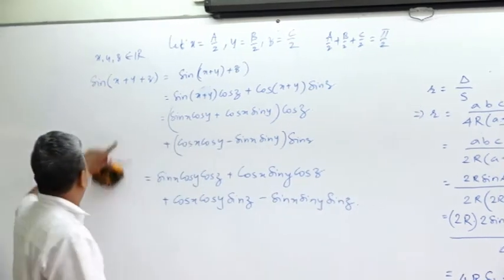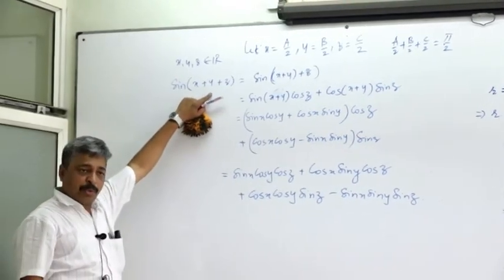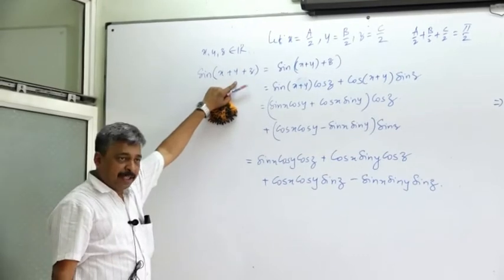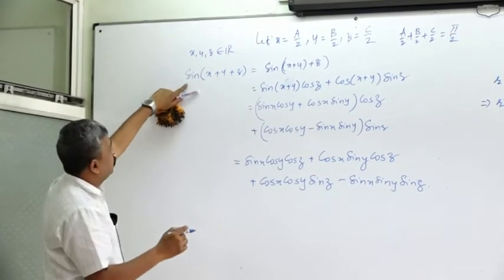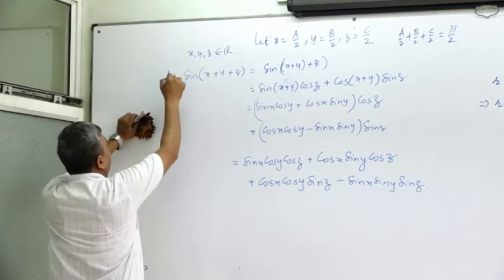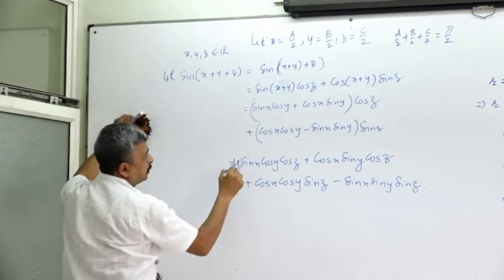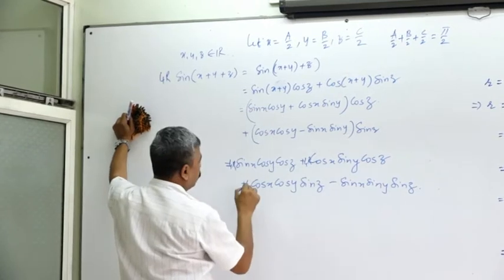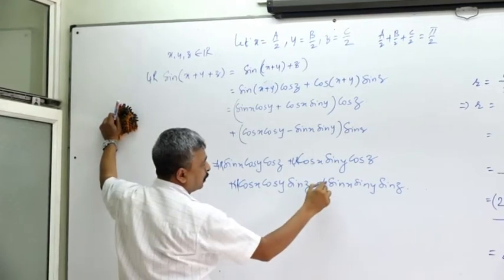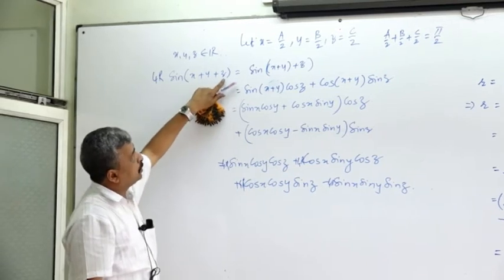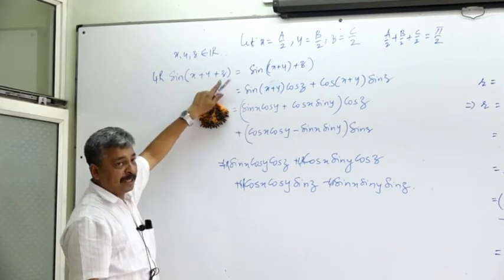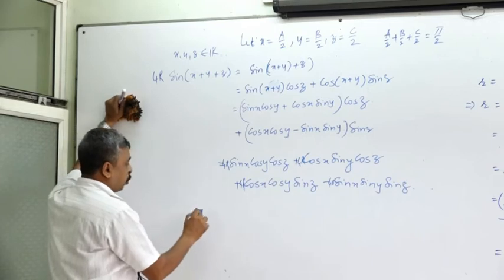And therefore sine of pi by 2, sin 90, is equal to 1, and let us multiply everything by 4R. So we have 4R times sin of (A by 2 plus B by 2 plus C by 2), which is sin 90, 1. Therefore LHS is 4R.